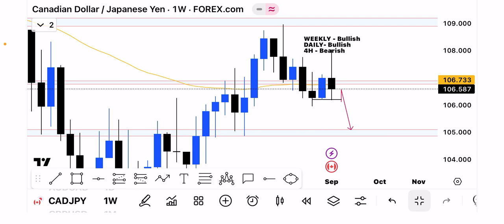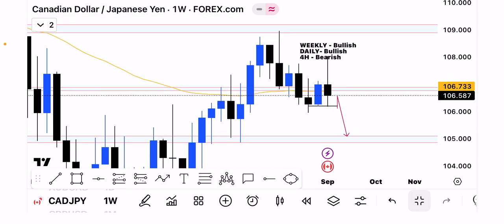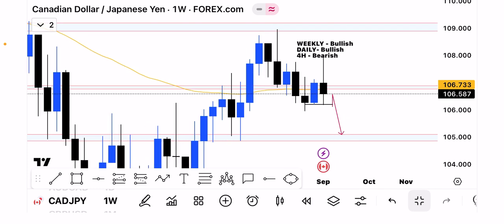You can see. So it is clearly bullish on the weekly time frame.